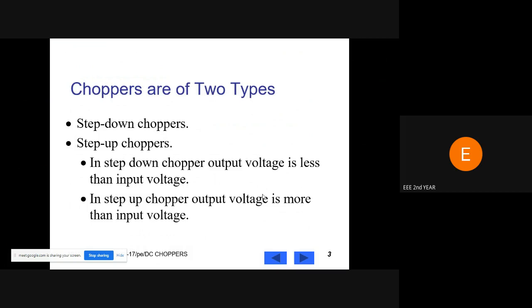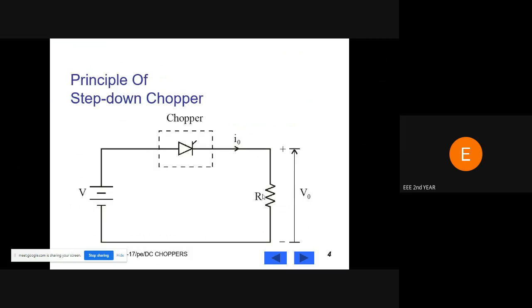In terms of Vs and Vi, Vs is lesser than Vi. In a step up chopper, the output voltage is more than the input voltage, so Vs is greater than Vi. Now let's discuss the principle of the step down chopper.